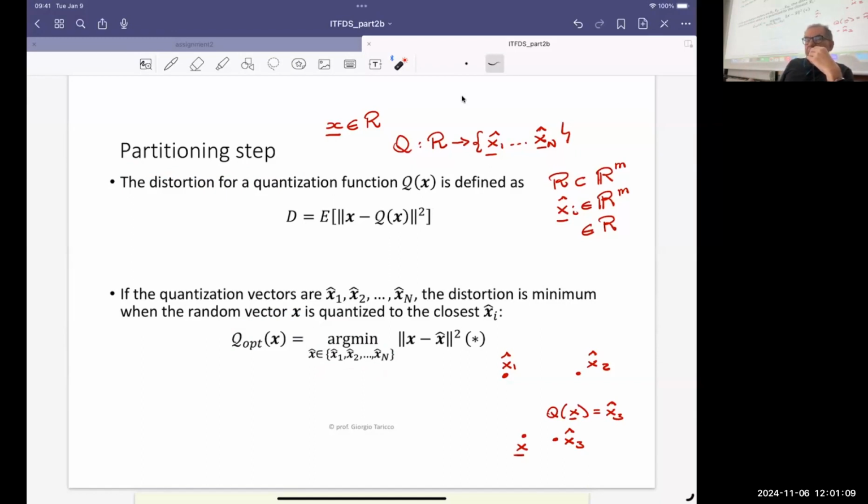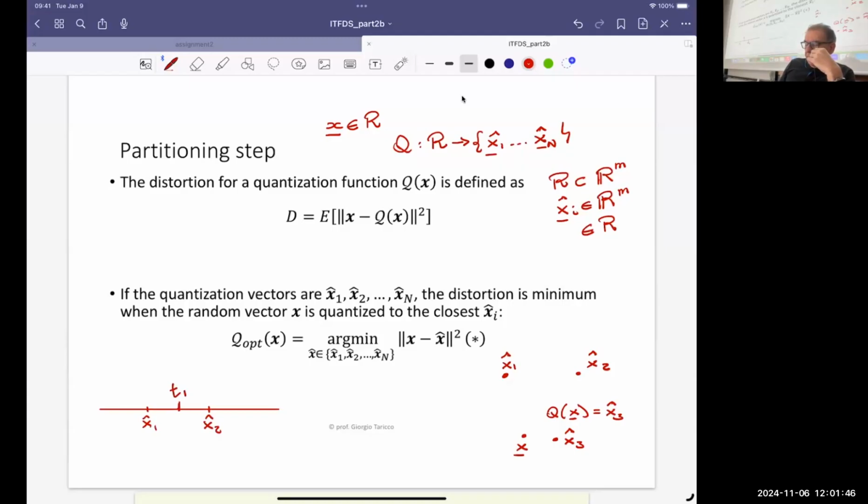And because of this property, if we have 2 adjacent quantization points in the one-dimensional domain, the quantization function maps everything up to this threshold that we called T1 with the previous numbering.